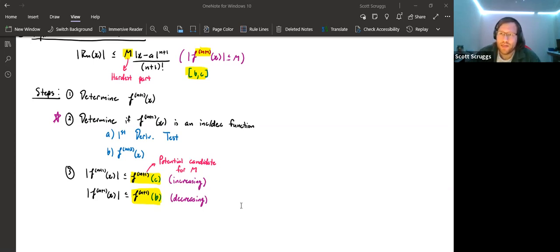So that's why I want to exploit step 2 and know whether or not the n+1 derivative is an increasing or a decreasing function. Because I want to exploit that fact and get a potential candidate for what M is going to be. And once you get that potential candidate for M, we get to profit.